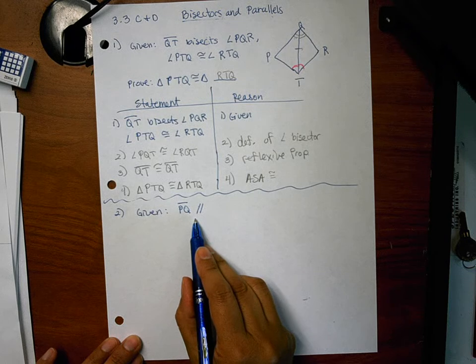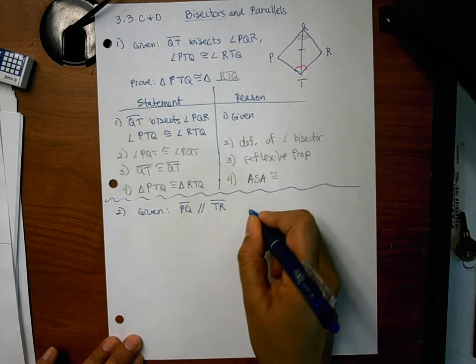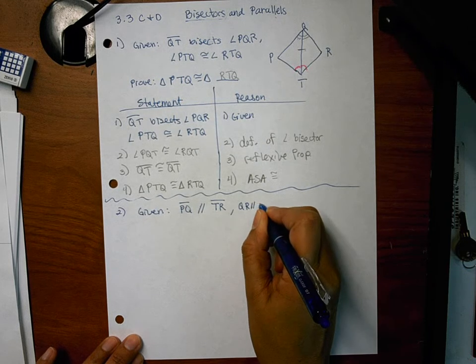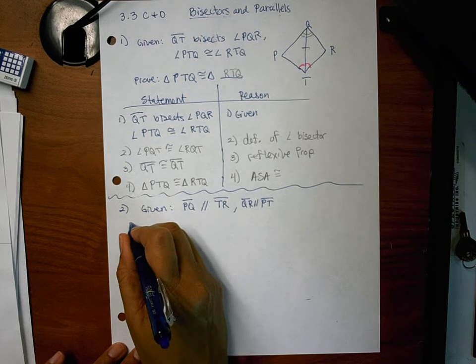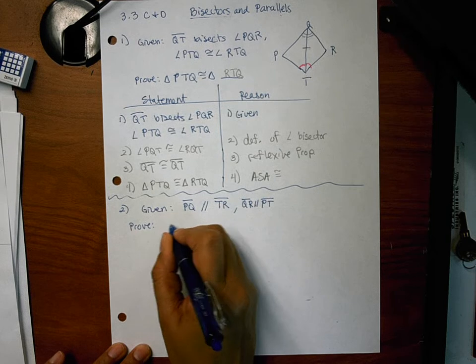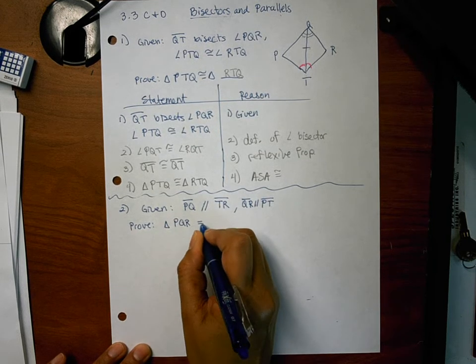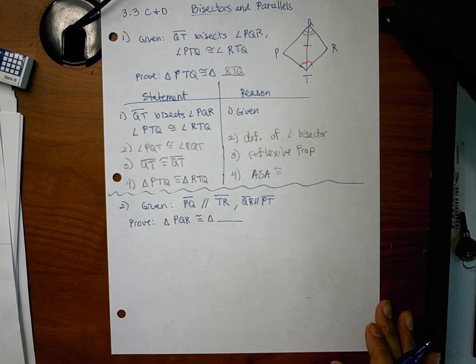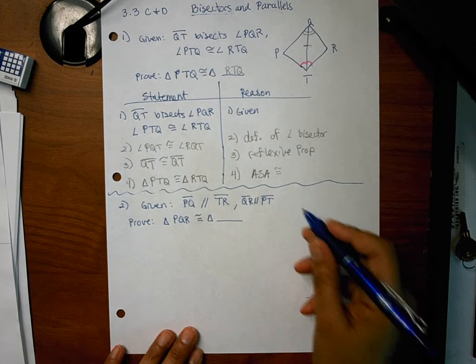Given PQ parallel, that's the shorthand for parallel, PQ is parallel to TR, and QR is parallel to PT. Prove triangle PQR is congruent to triangle blank.